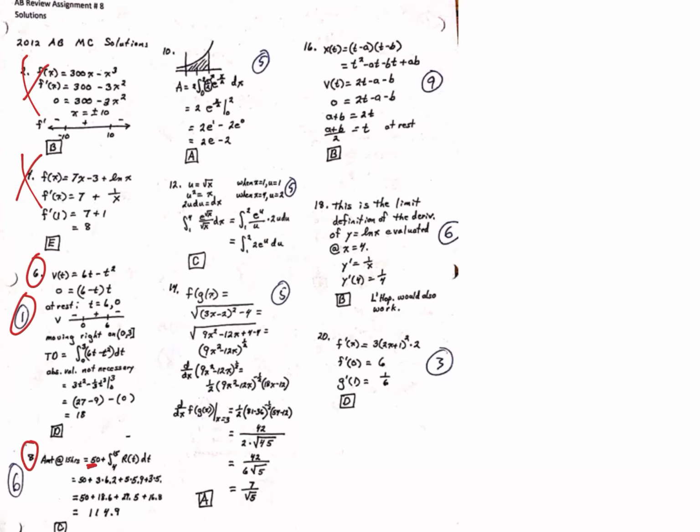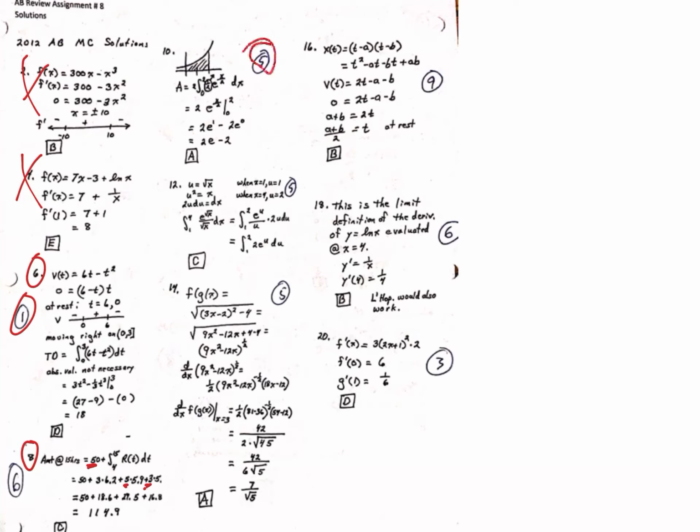The space from 4 to 7, that distance is 3. That's why I'm taking 3 times 6.2. And then from 7 to 12 is 5. That's why I'm taking 5 times 5.9. And then again, the distance from 12 to 15 is 3. That's why I'm taking 3 times 5 on that one. So that's a right RAM on that one.